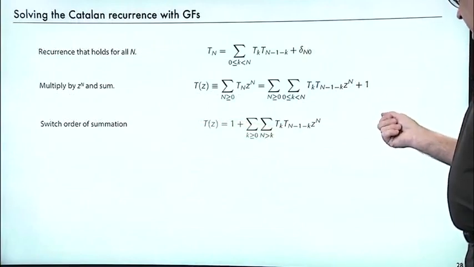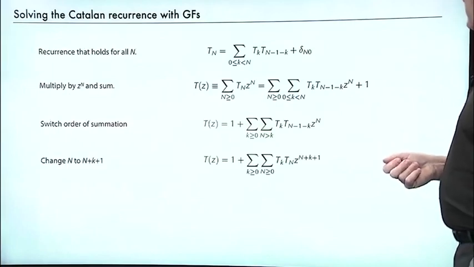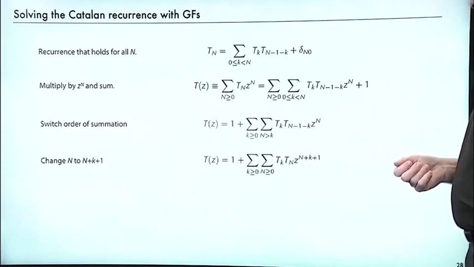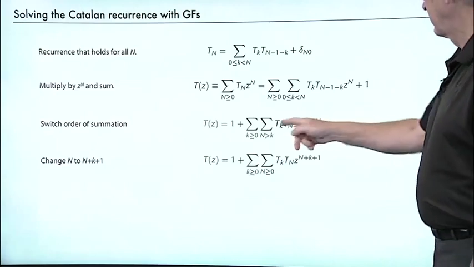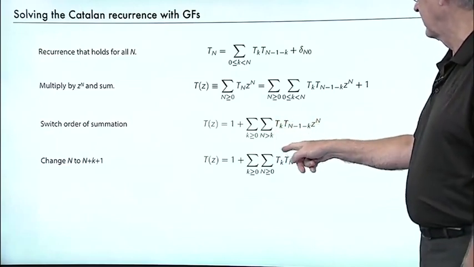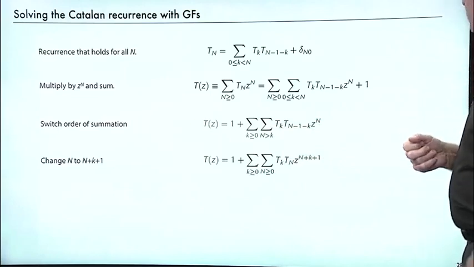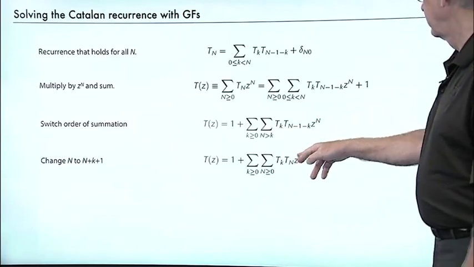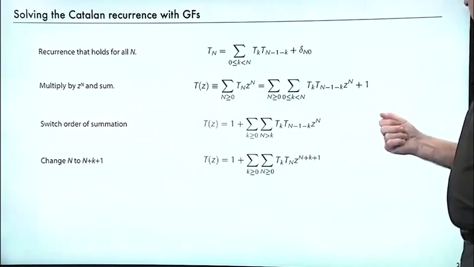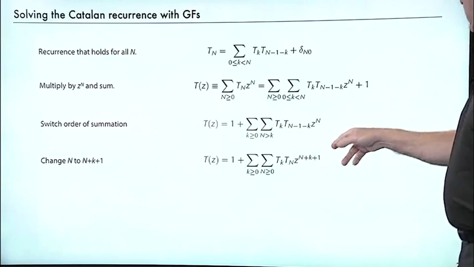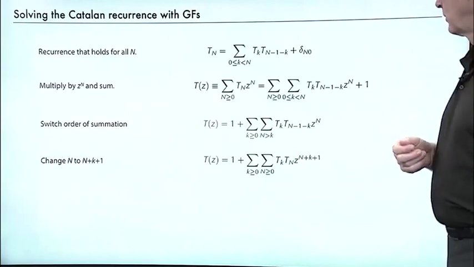Now in that inner sum, we'll change n to n plus k plus 1. n bigger than k is n bigger or equal to k plus 1, so that's the same as n bigger or equal to 0. And then the t sub n minus 1 minus k just becomes t sub n, and then we have z to the n plus k plus 1.